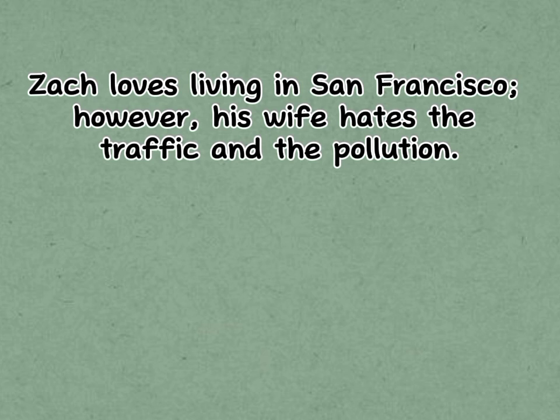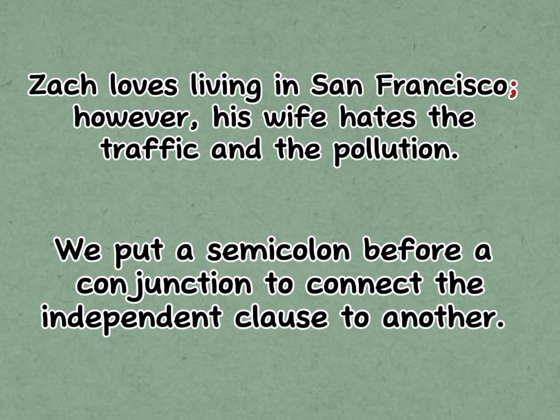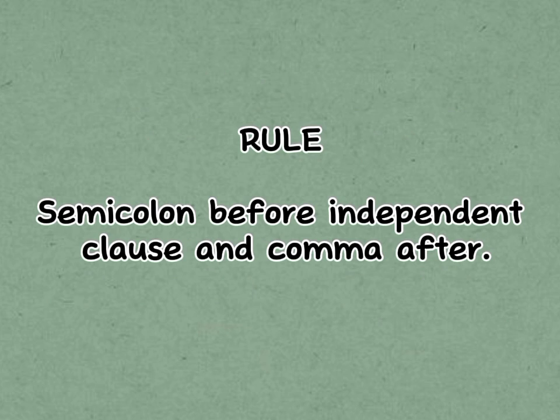What did you notice? Exactly. We put a semicolon before a conjunctive adverb to connect the independent clause to another. Our main rule here is semicolon before and comma after.